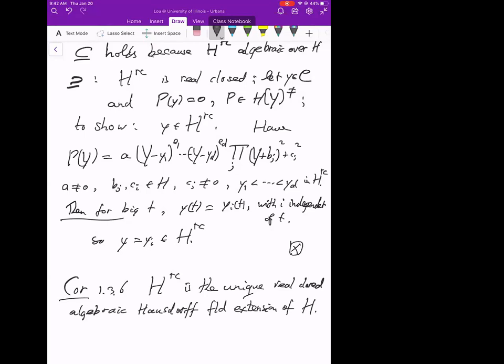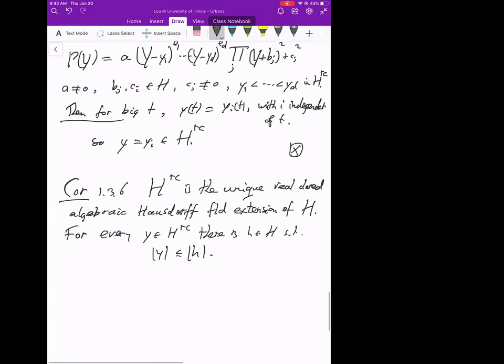Let me also add something. You might wonder, can an element in this real closure be much bigger than everything in H? No, that cannot happen. For every germ y in this real closure, there is a little h in big H such that the absolute value of y is less than or equal to h.